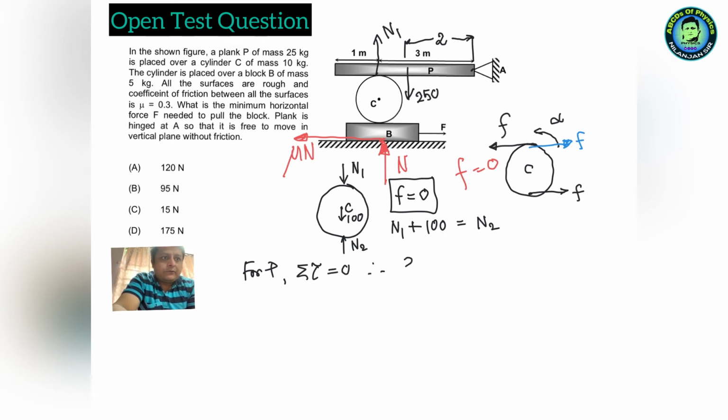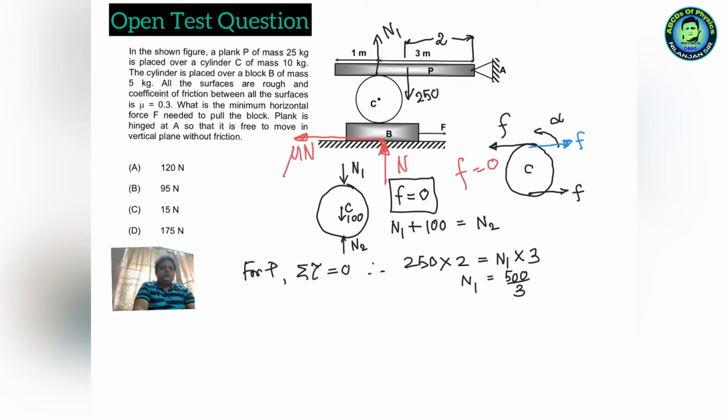Therefore, we can write 250 multiplied by 2 equal to N1 multiplied by 3. So N1 equals 500 divided by 3 Newton.